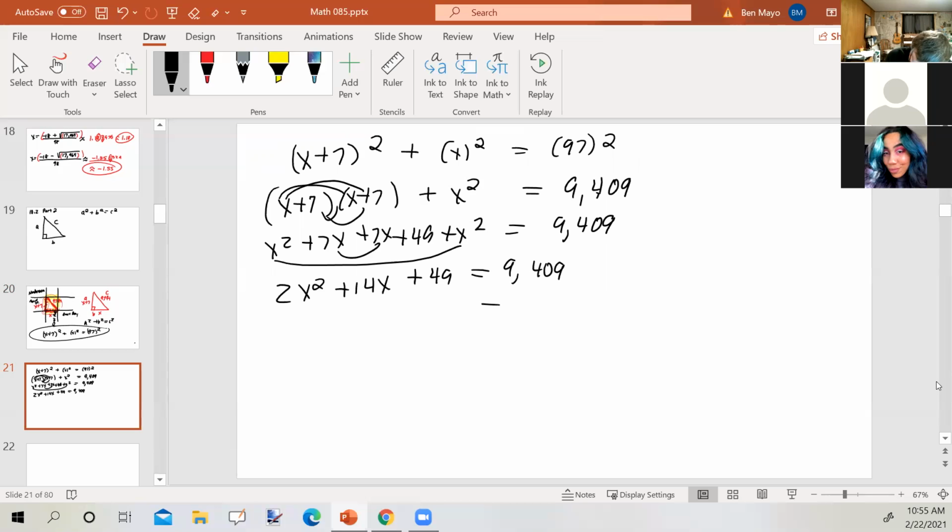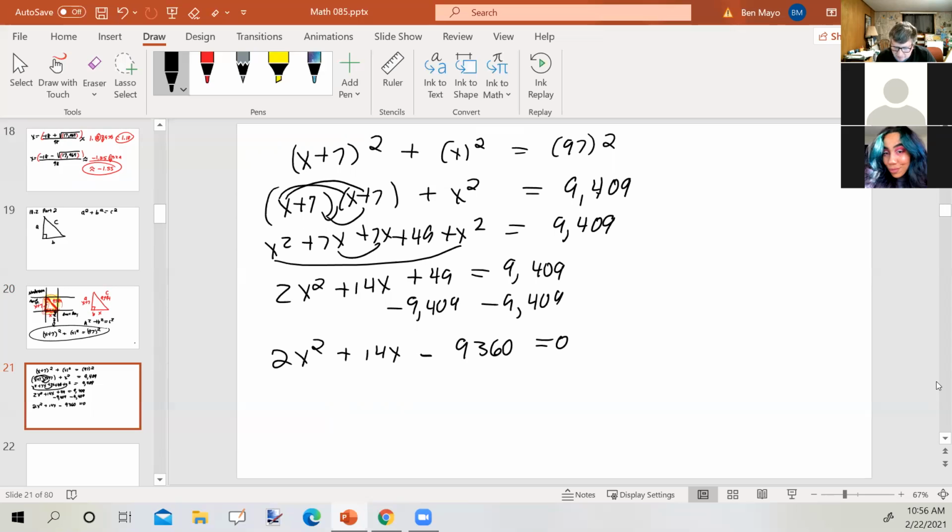My next move, I'm going to subtract 9,409 from both sides of the equation, and I get 2x² + 14x. If I take 49 minus 9,409, I get minus 9,360 equals 0. Okay, so I've got my quadratic equation.